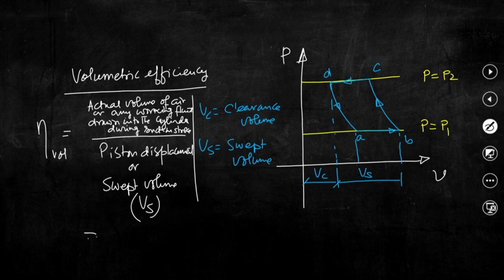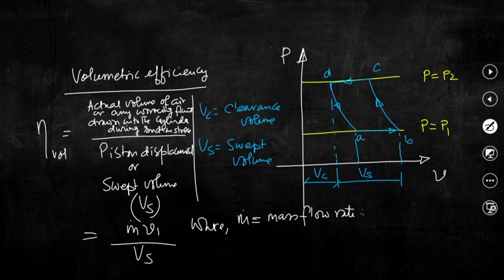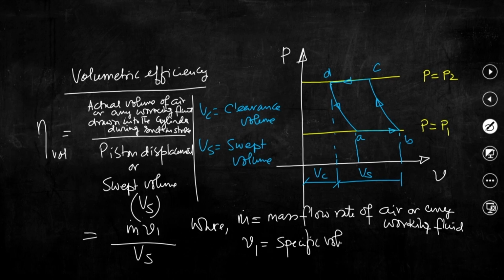So, if we write it, this is m dot into V1 divided by Vs, where m dot is the mass flow rate of air or any other working fluid, and V1 is the specific volume of air or any other working fluid at compressor inlet.